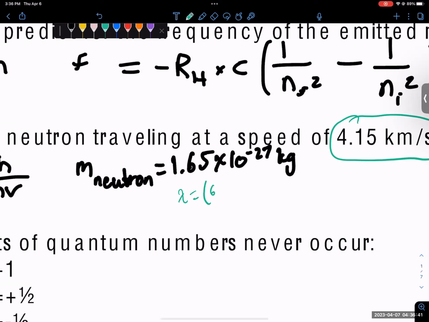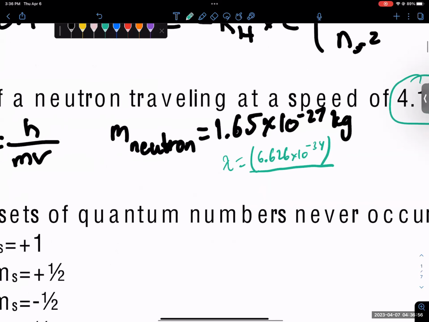All right, you're on the right track, 6.6. There we go, 6.626 times 10 to the negative 34. Good job, Elias. All over the mass of a neutron, which in this case is 1.65 times 10 to the negative 27.